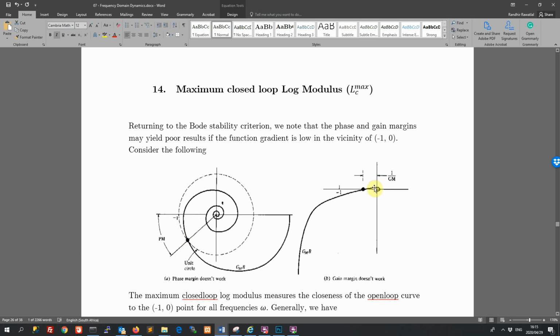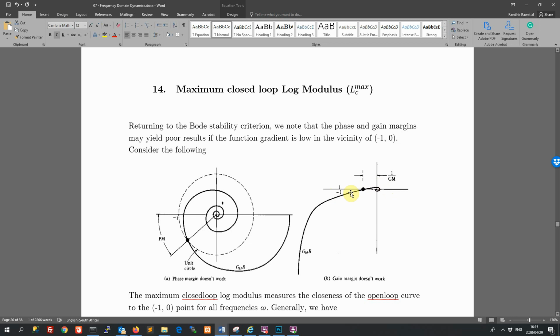Here we can see that the gain margin, the magnitude margin, appears to be quite far from minus 1, 0. But we can see in terms of the angle, because of this very shallow angle here, that we actually do pass quite closely to minus 1, 0.